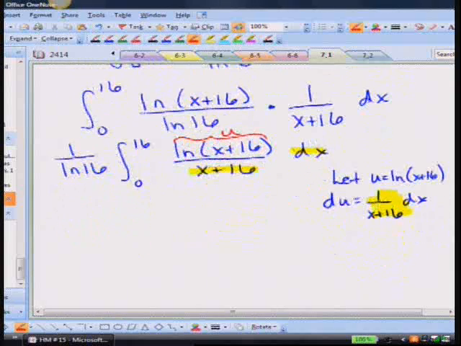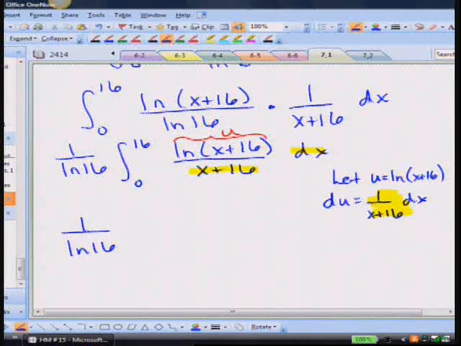So you will have 1 over ln 16, and then I'm going to go ahead and change my limits. When x is 0, u will be ln of 16. And when x is 16, u will be ln of 32.